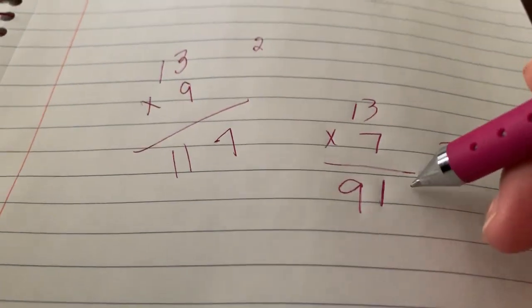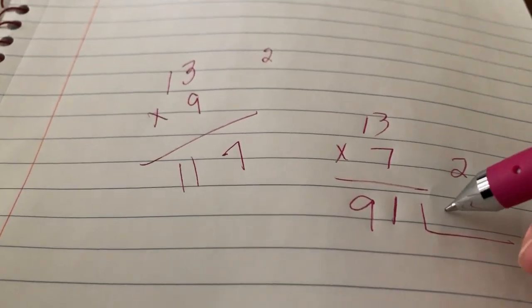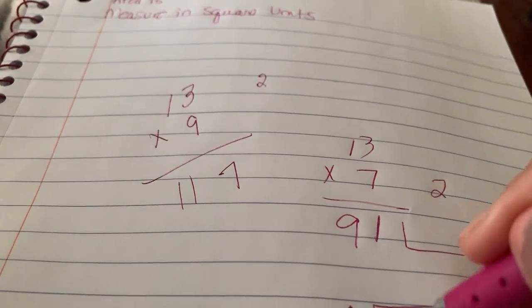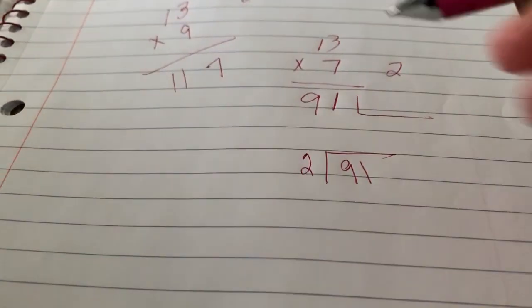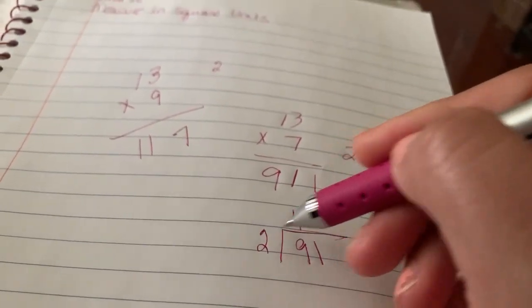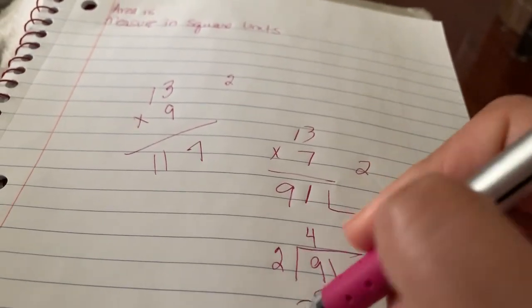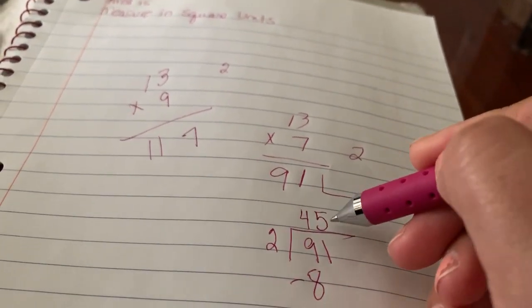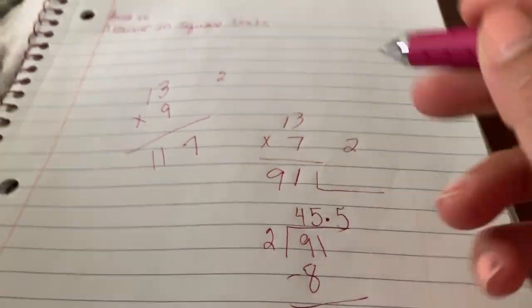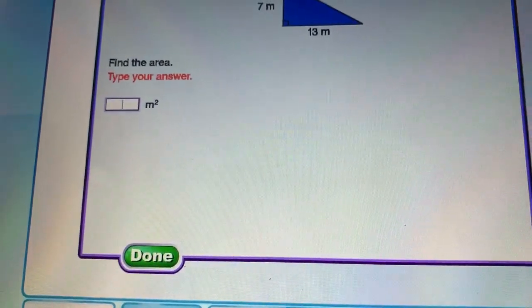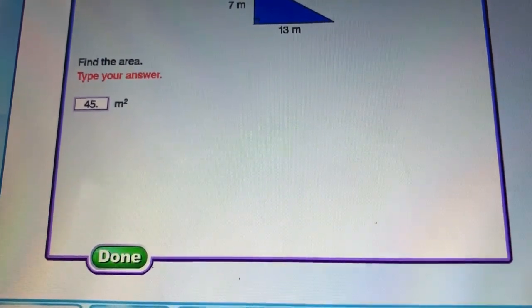So 91. Now, they want me to divide it by 2. I know it's not going to be perfectly divisible by 2, but I'll do it anyway. It's going to be point half something. There you go. So it's going to be 45.5. Okay? That's what we're going to get here. 45.5.